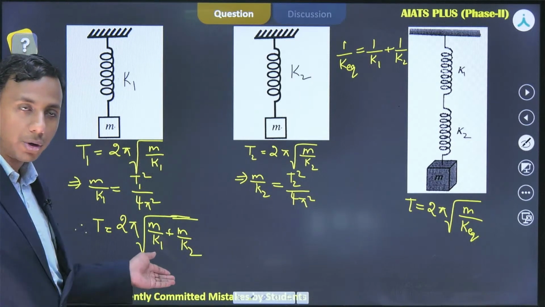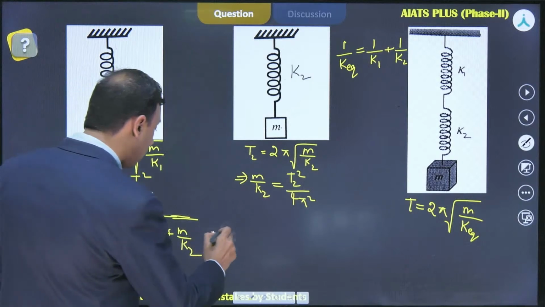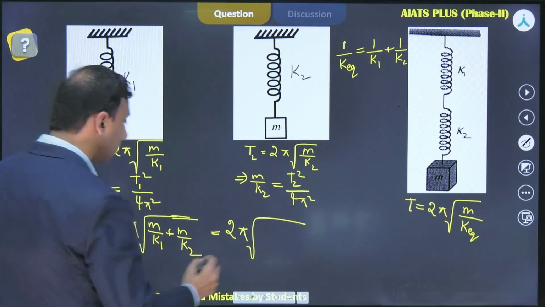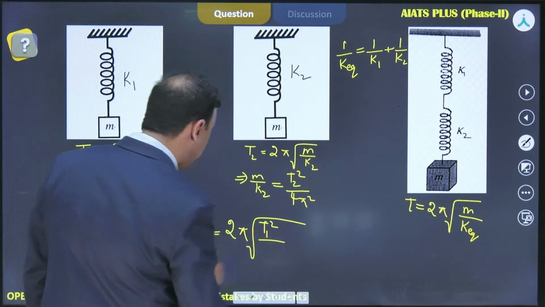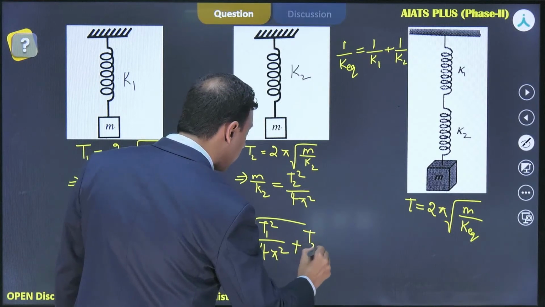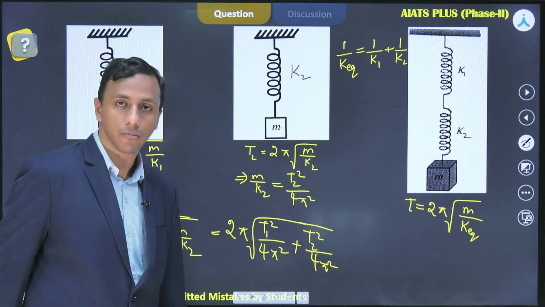And here what you can do, just substitute these values, right? So what does it become? 2 pi under root m by k1, T1 square over 4 pi square plus T2 square over 4 pi square.